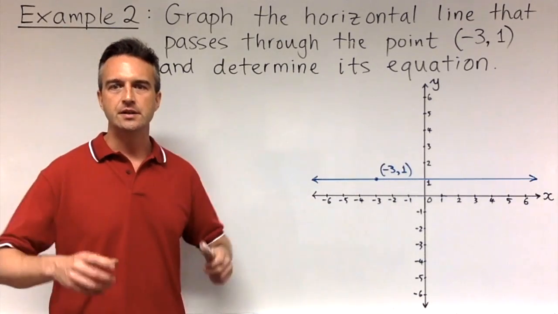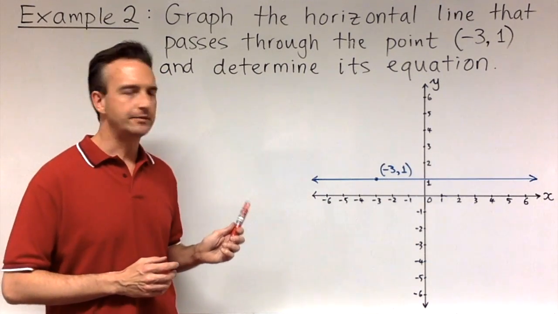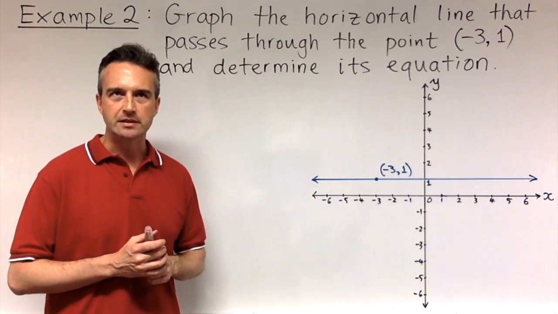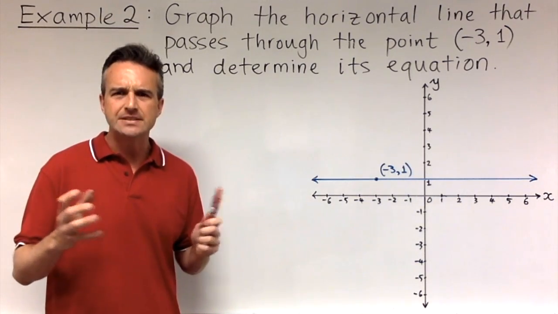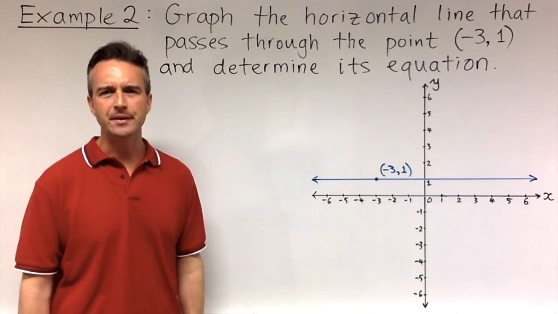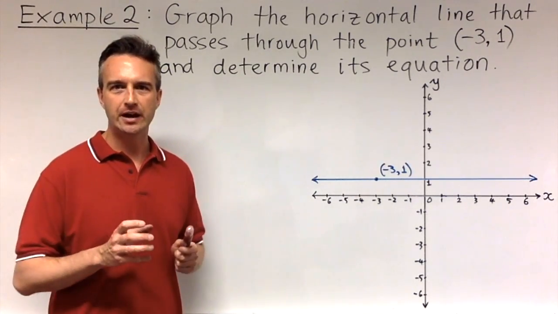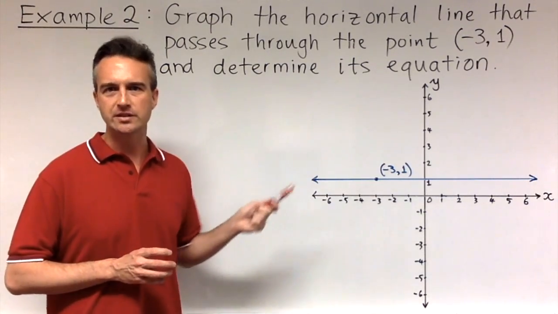So now we're asked to find the equation of this horizontal line through the point -3, 1. What is it? It's horizontal. Oh no, I've forgotten. Is that x equals something or is it y equals something? I can never remember. Don't panic, it's not that hard. Let's just look at a couple of other points that are on this line.